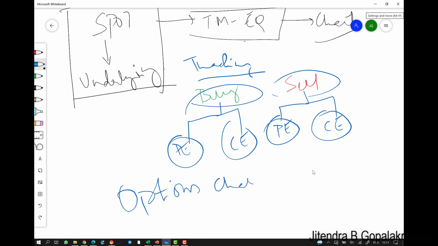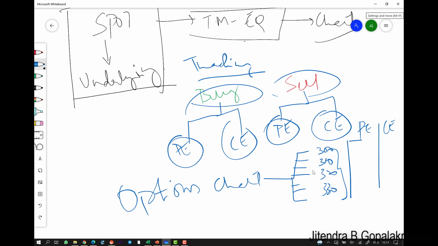Options chart. So there will be separate charts for every strike price. So 300, 310, 320, 330, so on and so forth. Separately for puts and separately for calls.